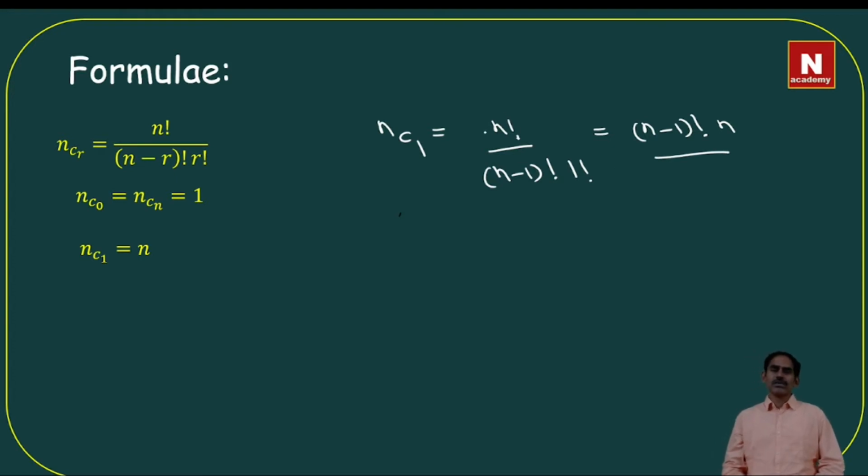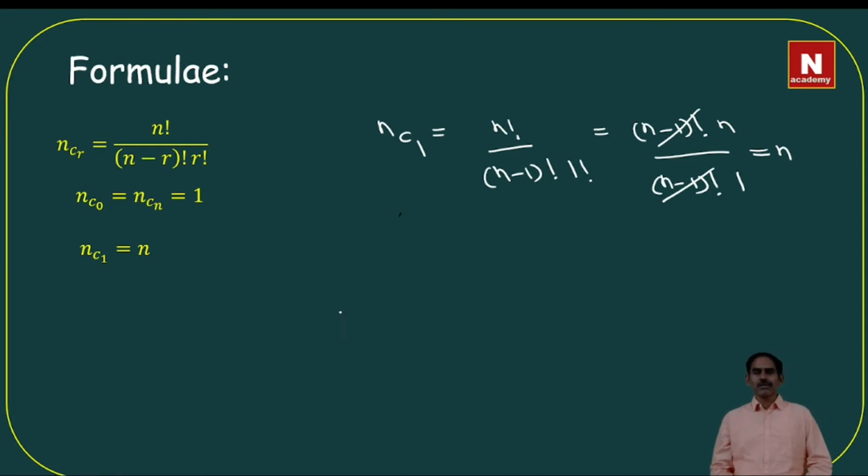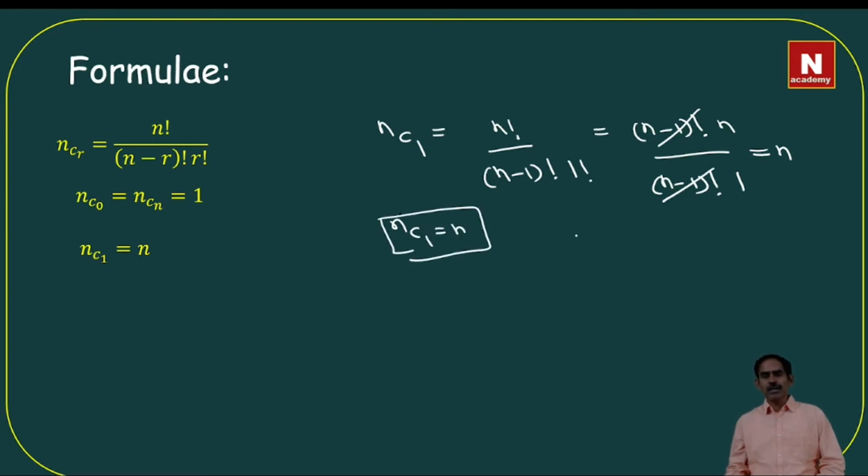Consecutive n natural numbers is n factorial, and the previous number for n is n minus 1, so up to n minus 1 we can write n minus 1 factorial, divided by n minus 1 factorial into 1 factorial, which is 1. Now n minus 1 factorial gets cancelled. The answer is n. So nC1 value is n. Using this, if you want 5C1 we can directly write 5. 10C1 equals 10.